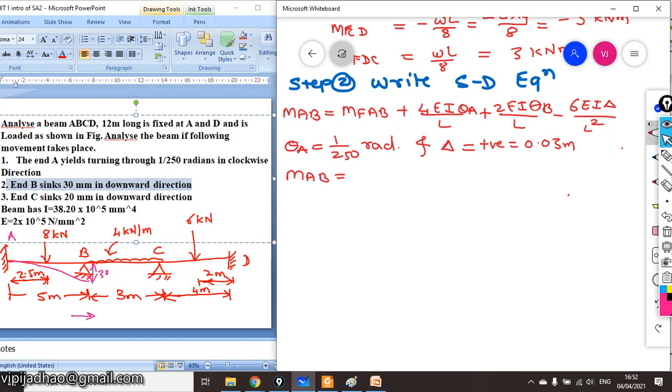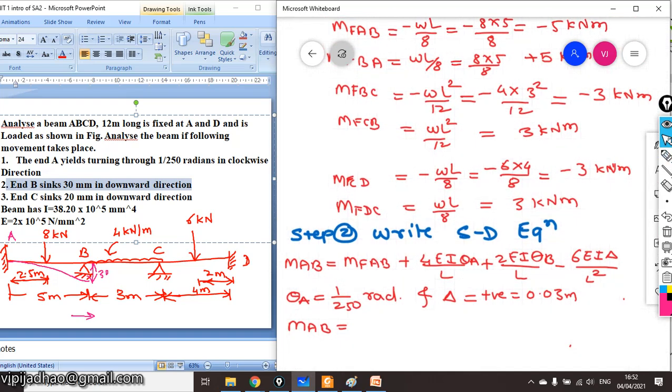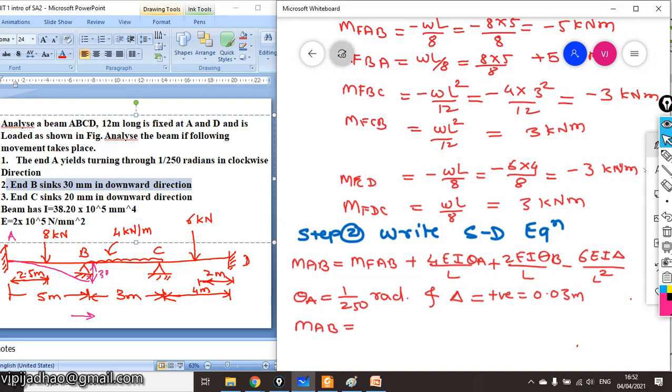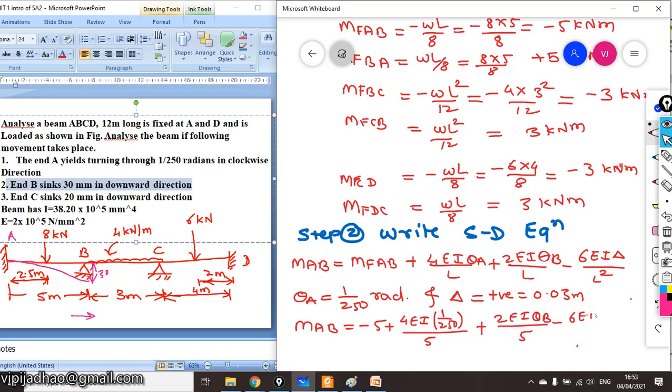We have already calculated the value of MFAB as minus 5, therefore minus 5 plus 4EI, we have theta A is equal to 1 by 250, divided by span is 5 meters, so 5 plus twice EI theta B divided by 5 minus 6 EI delta is 0.03 meter divided by L square, that is 5 square.